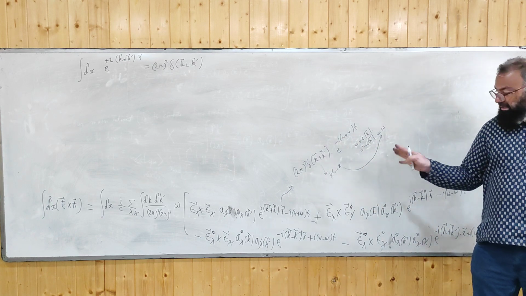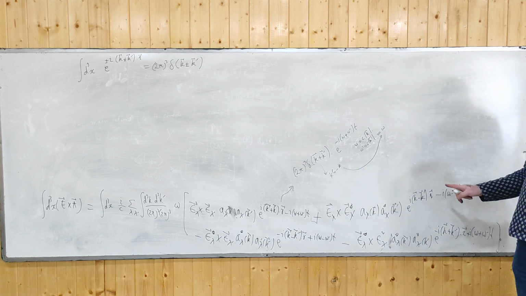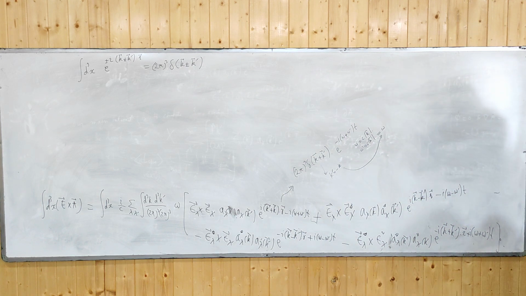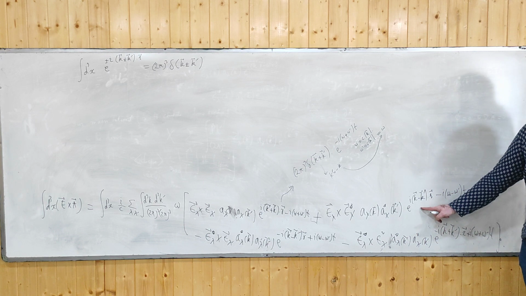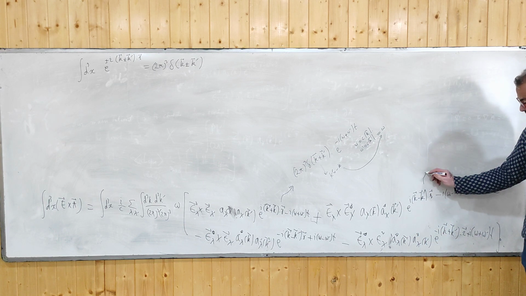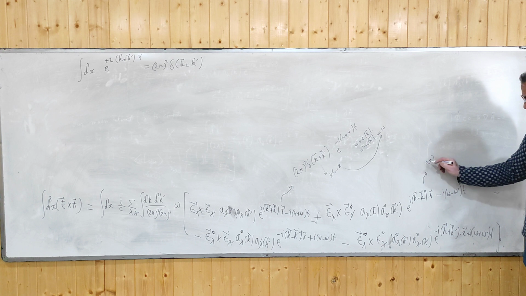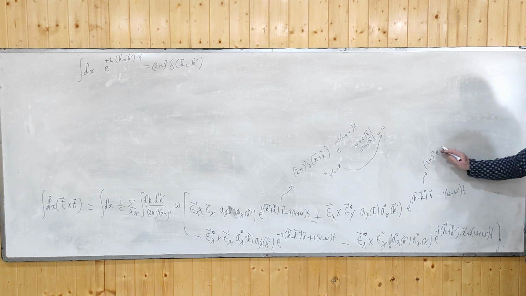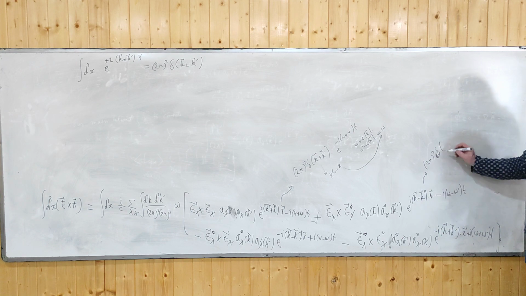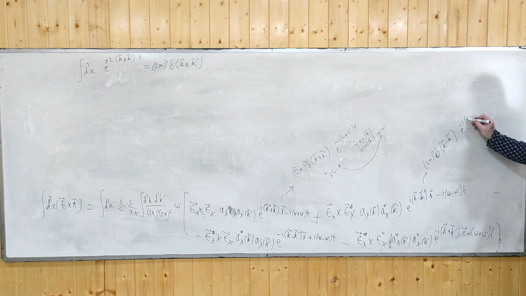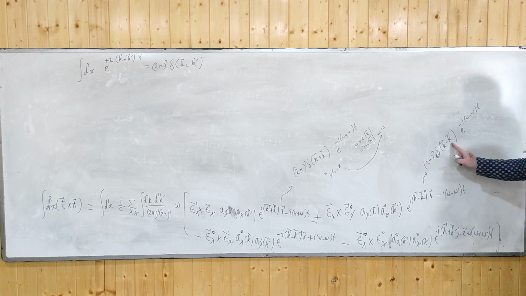Look carefully. Let me tell again. Let's look at this very term, then you will appreciate it. When I integrate this over x, what will I get? (2 pi)^3 delta(k minus k prime), and you have the exponential e raised to the power minus i (omega minus omega prime) t, is it? Now let's integrate over k prime.